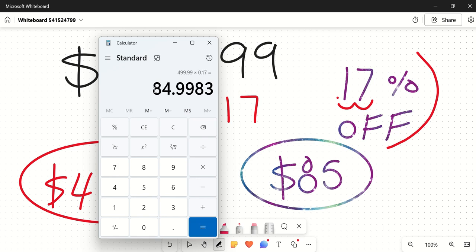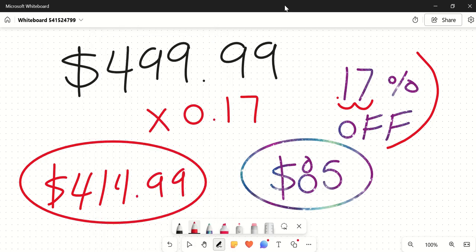I can't say I saved $84.9983. So this is where the money should end. This 8 tells me if I round up or down. I round up. That 9 becomes a 10, so I have to carry the 1. That 9 also becomes a 10 when I carry the 1, so I carry it over here, so that becomes a 5. So it's 85.00 at that point, or just $85. Make sense? Okay.